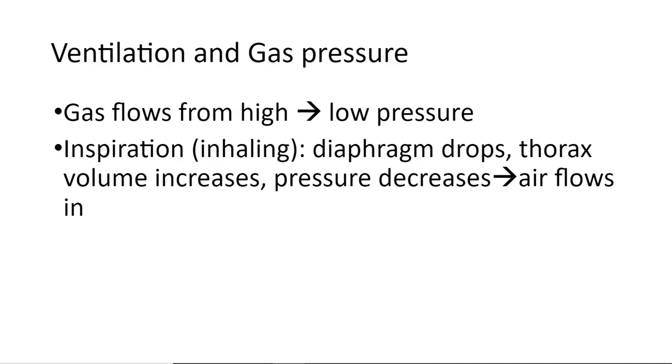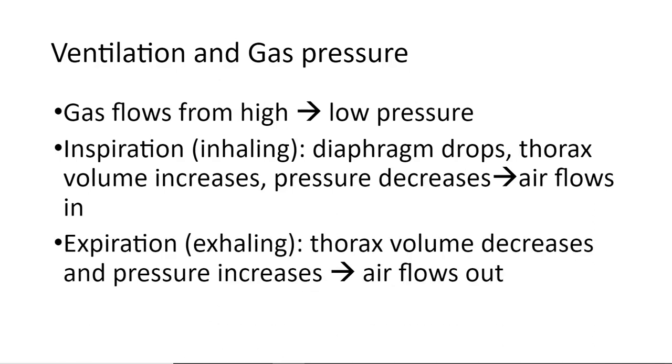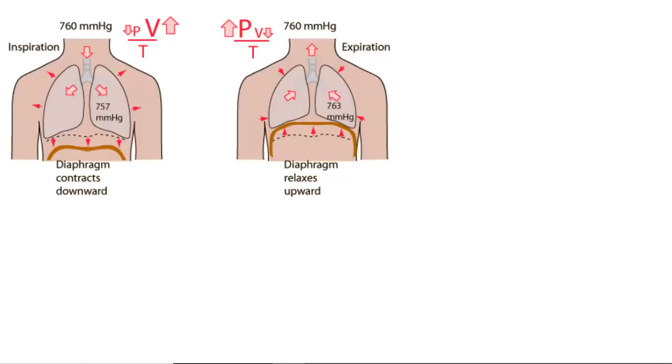That increase in volume causes the pressure to decrease, which pulls air in. Expiration, or exhaling, the opposite is going to happen. The thorax volume decreases, so now you have a smaller volume, and that pressure will increase and air will flow out.